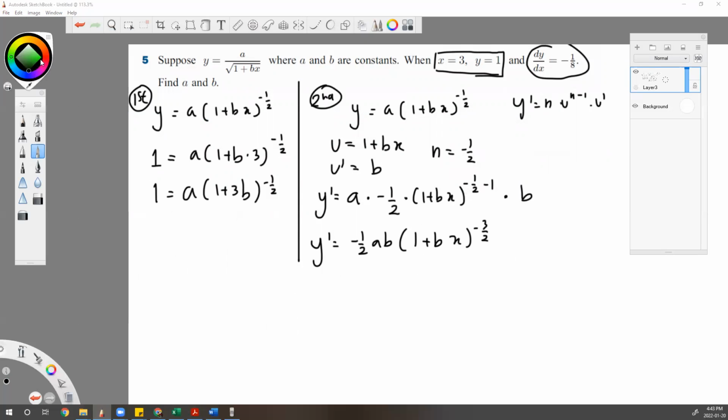Write down negative 1 over 8. So challenging. Equals negative 1 over 2 ab times 1 plus b times x. x is also 3, so 3 plus 3b, right? Power negative 3 over 2.